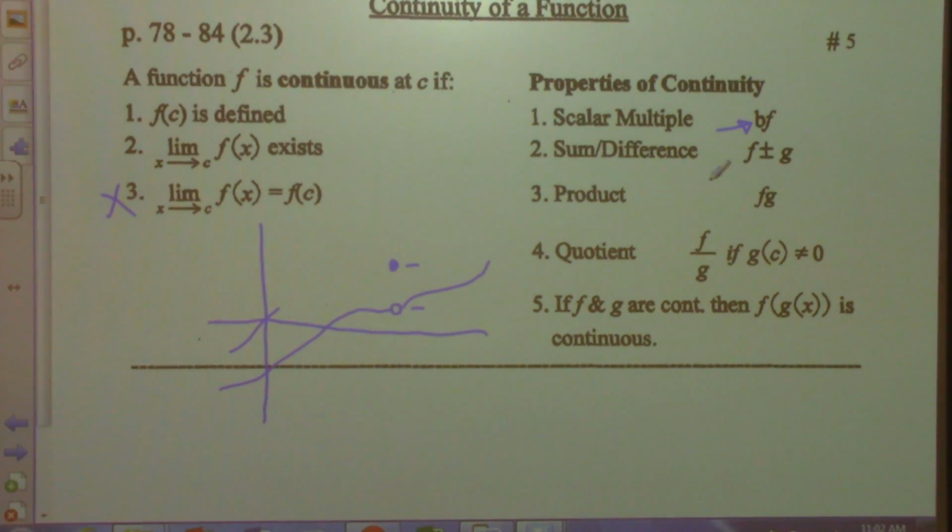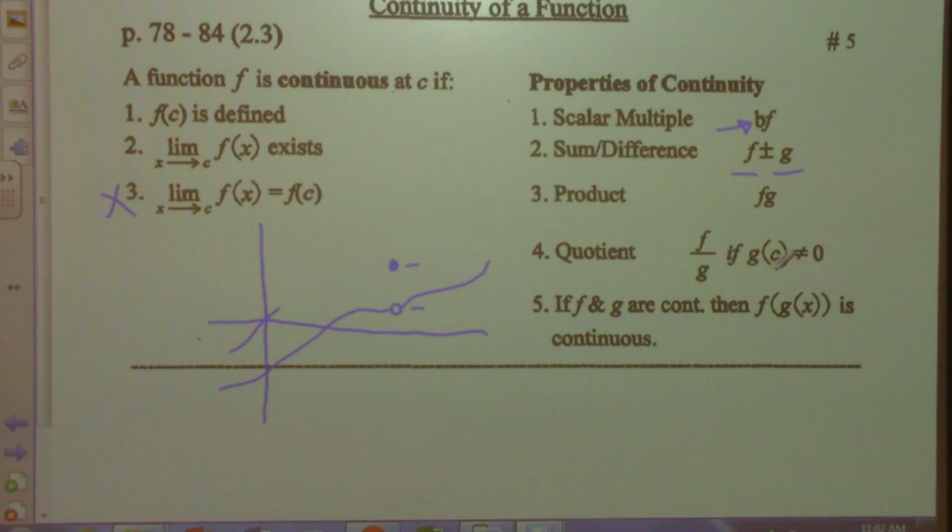So continuity will be preserved even when you multiply by a scalar. If you have 2 functions, f and g, both of which are continuous, and add those together, by definition, the sum of those 2 functions will be continuous. If you have a product of 2 continuous functions, that product will be continuous also.